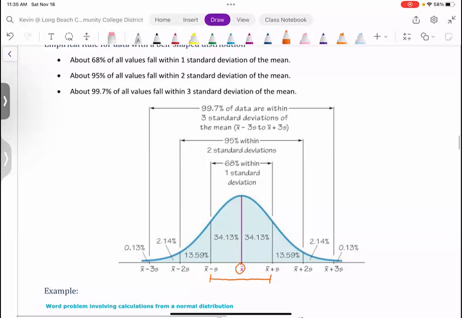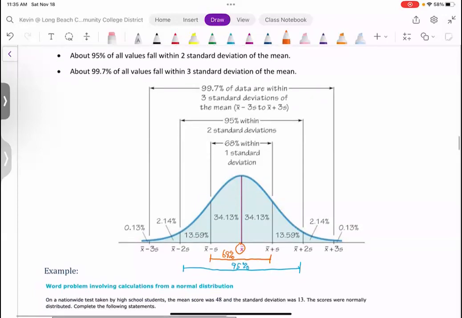If we go 2 standard deviations out, that's going to capture about 95%. And if we go 3 standard deviations out, which we never do, but if we did, we would capture 99.7% of the data.